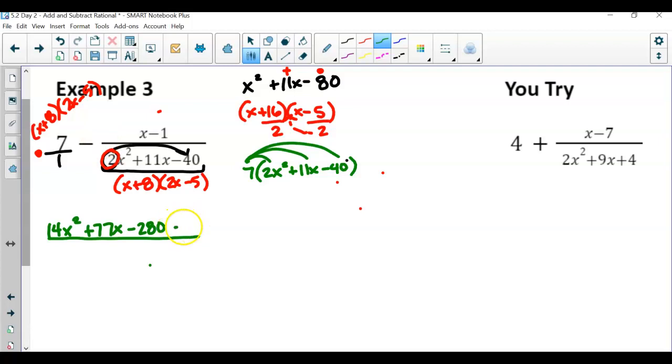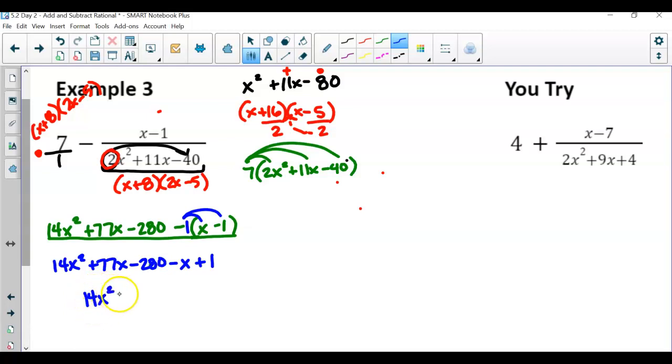Then we are subtracting from that x minus 1. So really, when we distribute that negative 1 here, we end up combining with 14x squared plus 77x minus 280 that negative x plus 1. So after combining like terms, no other x squared term here, so 14x squared.